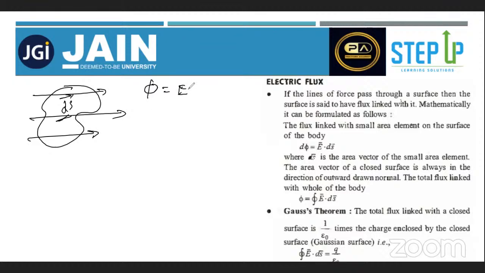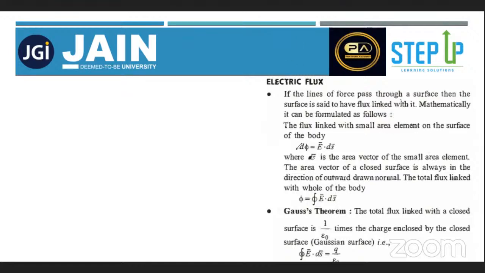Electric flux is given as the electric field vector dotted with the dS vector, or we can write it as E dS cos theta, where the angle is between E and dS. In this case, theta is equal to 0 because both are in the same direction. If the lines of force pass through a surface, it is said to have flux linked with it. So the number of lines passing through an area is known as electric flux.